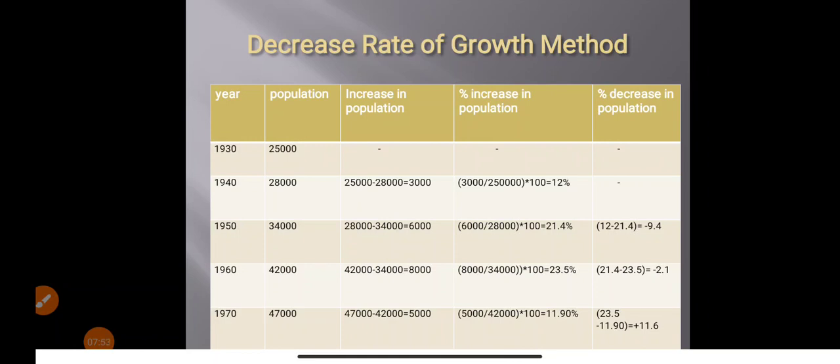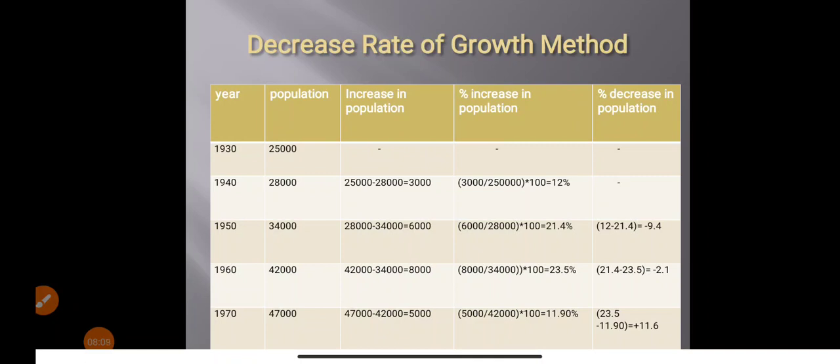So that gives the value, 12 minus 21.4 is minus 9.4%, and 21.4% minus 23.5 is equal to minus 2.1.